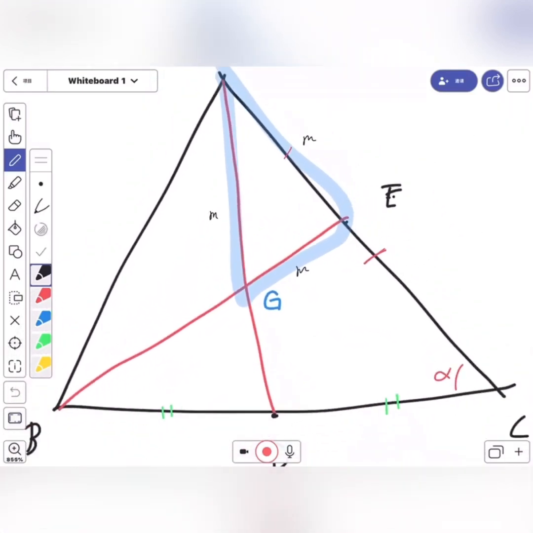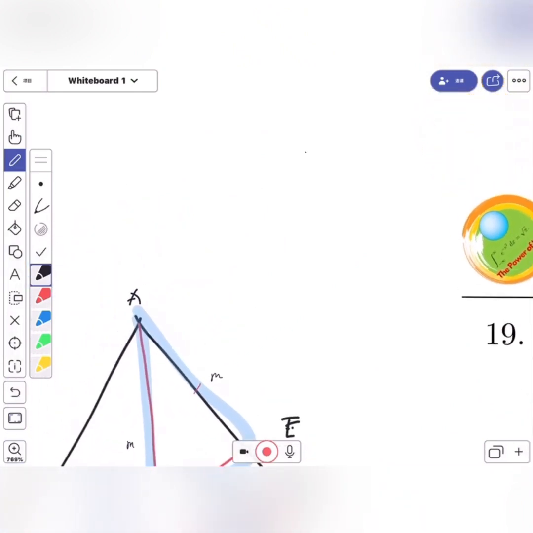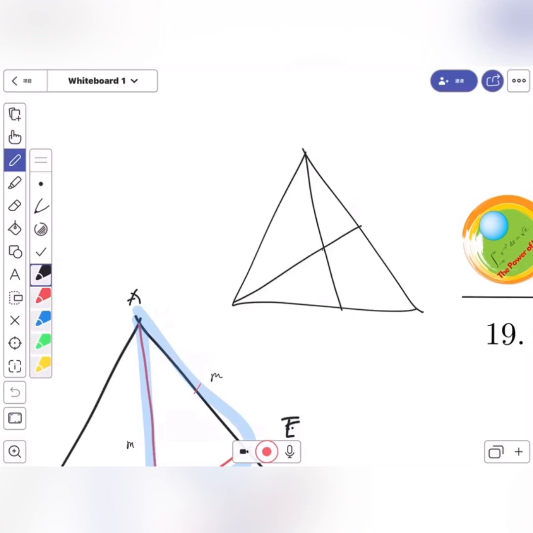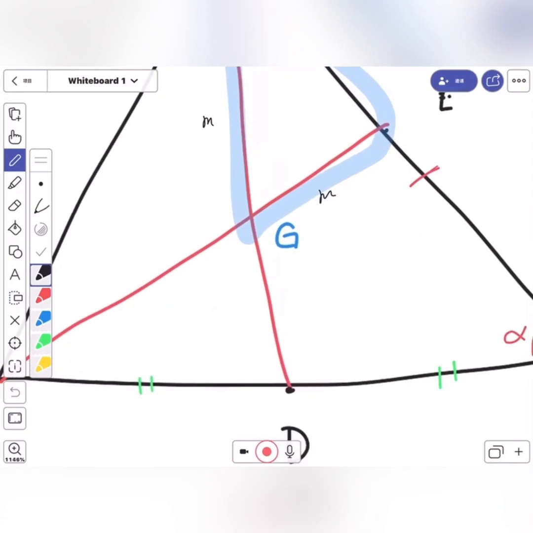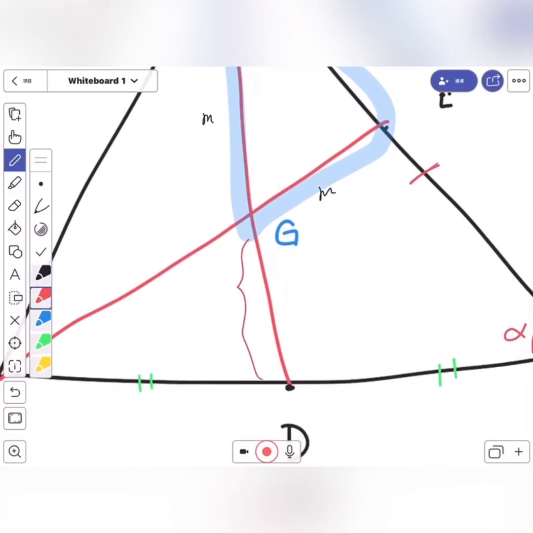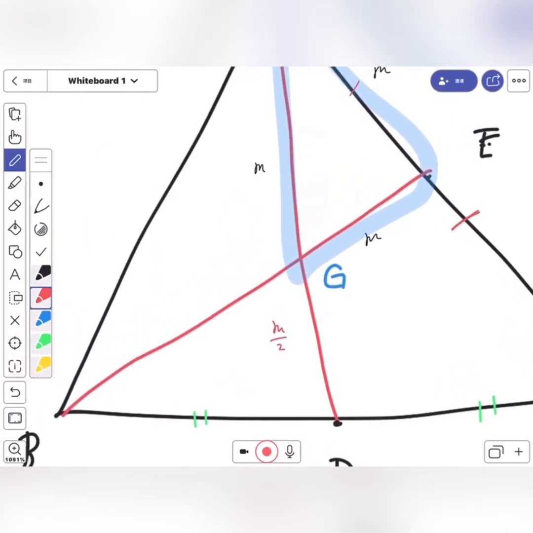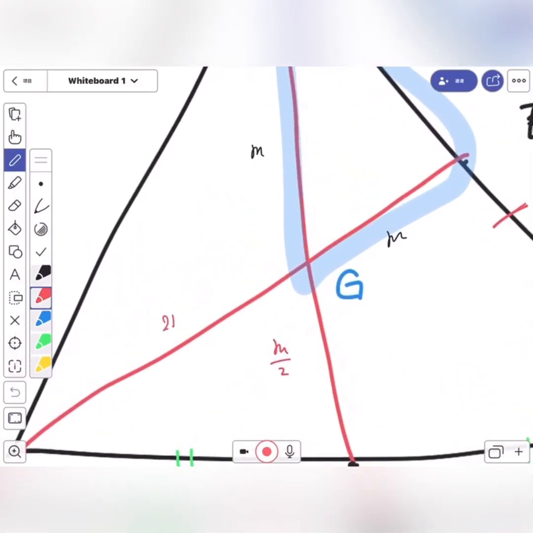For the medians, the intersection, which is in fact called the centroid, divides them in the ratio of 2 to 1. So this essentially means that this piece of length is equal to m over 2, and this one is in fact equal to 2m.